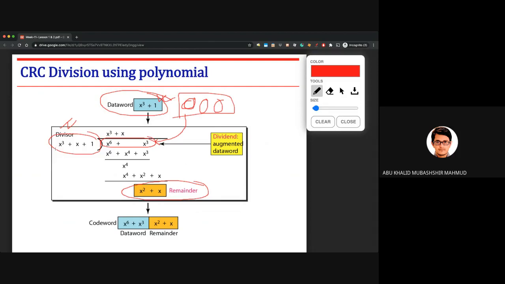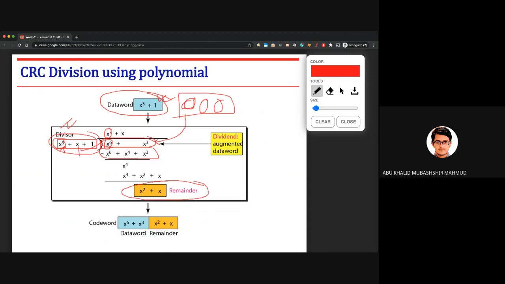When we try to divide it by this divisor, we get a term like this. At first, x cube multiplied with x cube gives x to the power 6. We use this, and we multiply this x cube with every term of the divisor.